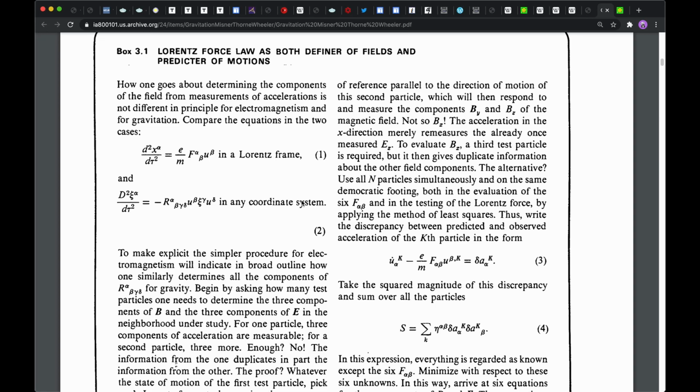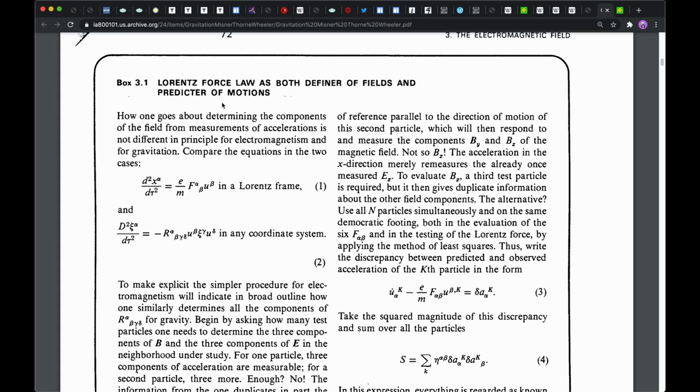Okay, but anyway, in box 3.1 they talk one more time about measuring the curvature. We know that Maxwell equations are all about how particles produce the fields, so basically how particles create the electromagnetic fields around them. And the Lorentz force law is about how fields act on the particle.